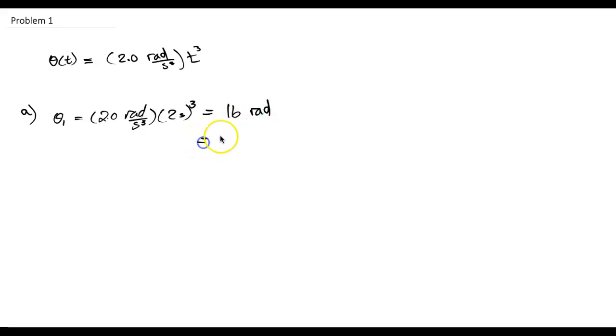And then if we want to change this to degrees, we take 16 radians times 180 degrees for every pi radians, or 360 degrees for 2 pi radians, or whichever conversion factor you're more comfortable with. And you'll notice that the radians will cancel, leaving us with degrees, and we get about 920 degrees.